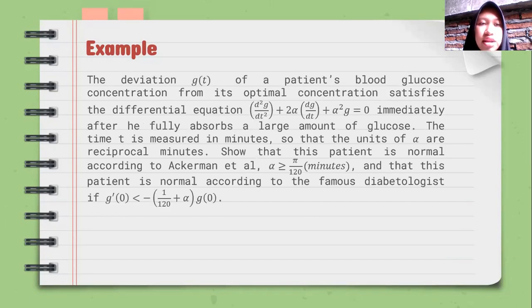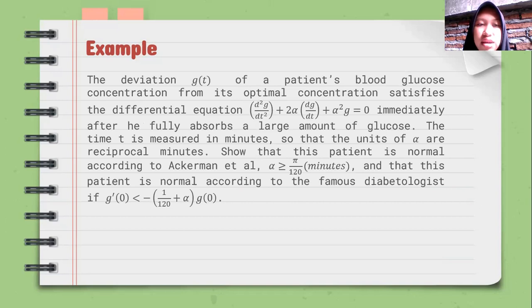The deviation G(t) of a patient's blood glucose concentration from its optimal concentration satisfies the differential equation: the second derivative of G with respect to t plus 2 alpha times the derivative of G with respect to t plus alpha squared G equal to 0.